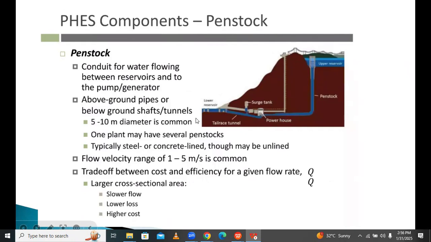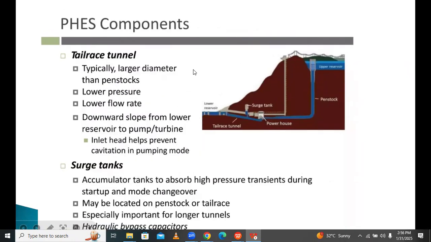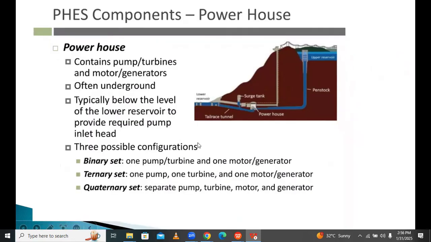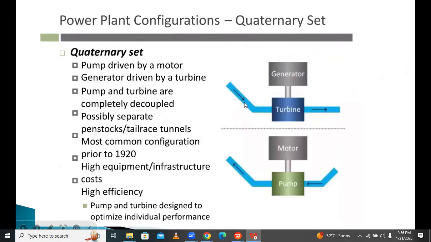There are also surge tanks. So this is about the pumped hydro storage system and the different types of turbines. For power generation, the turbine rotates the generator and generates electricity.